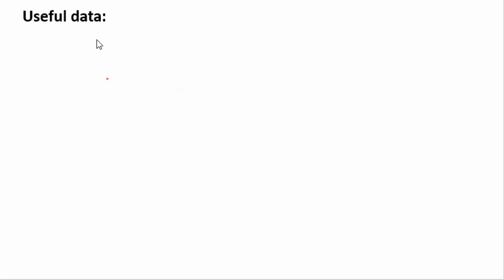So the useful data for this question is that you are given a system whose output y of n is given by x of n, where x of n is the input, convolved with the impulse response of that system or filter.